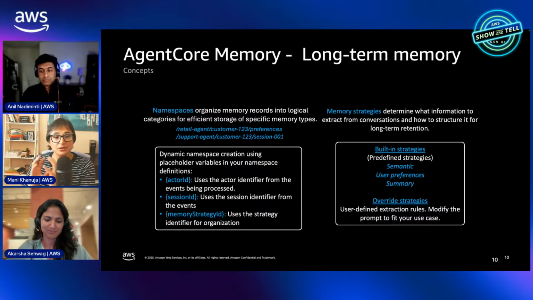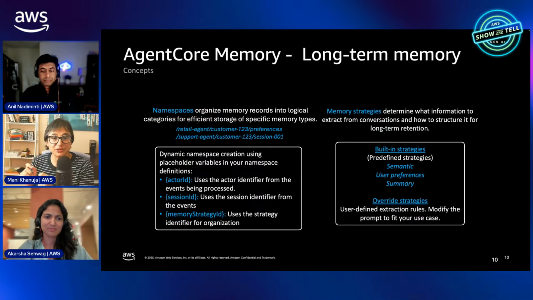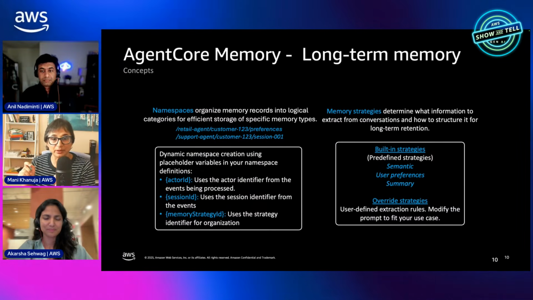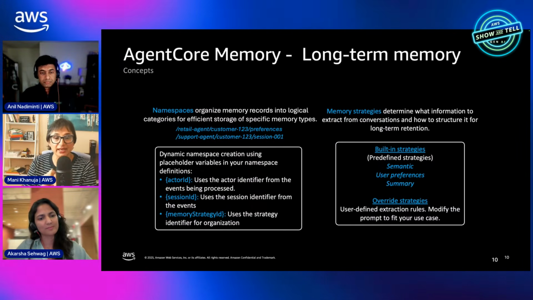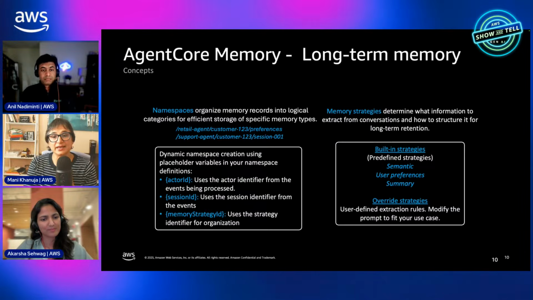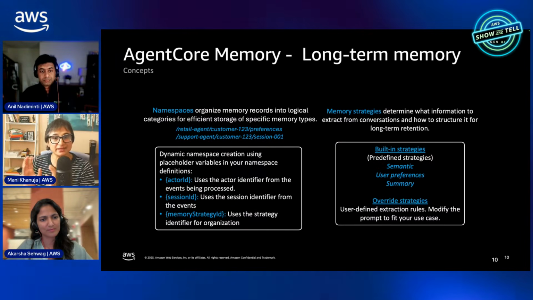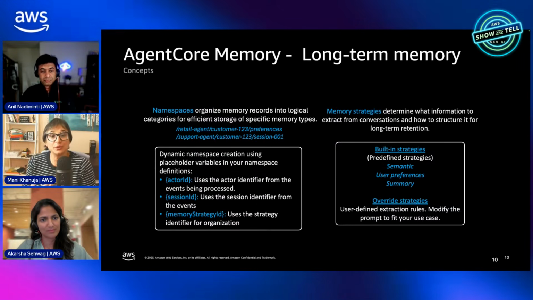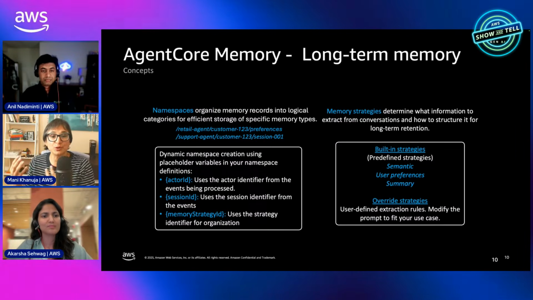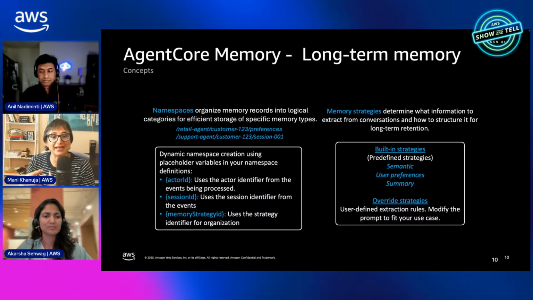And then you have defined the strategy. But how do I organize? Let's say I have this user preference long-term memory that I have enabled, like I've provided that strategy. Then the namespace is a hierarchical concept, nothing more than prefixes hierarchically arranged, which can take these three IDs, which you can provide because you also want to make sure at runtime it's able to resolve the actor.